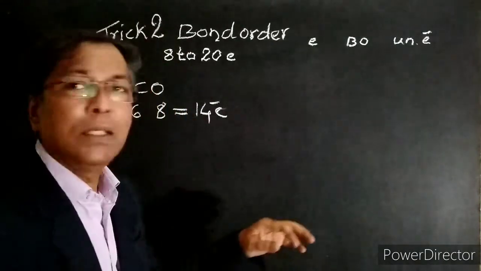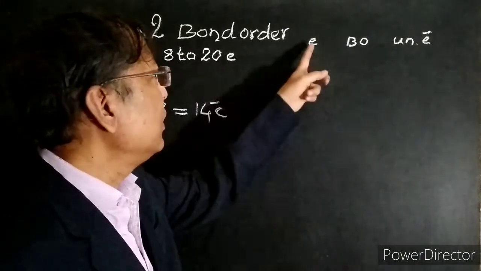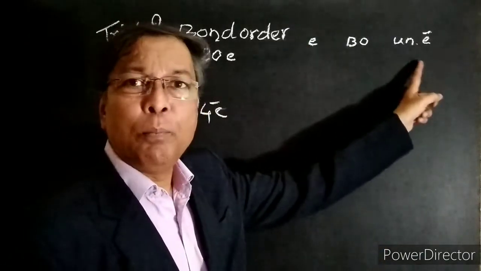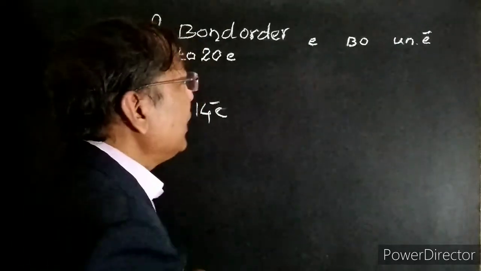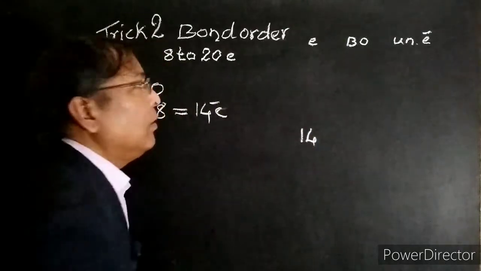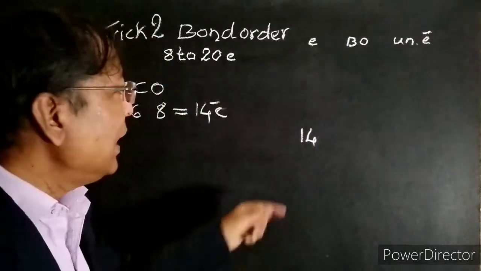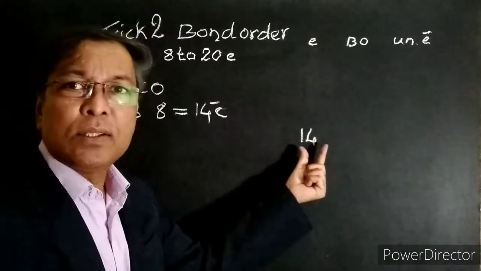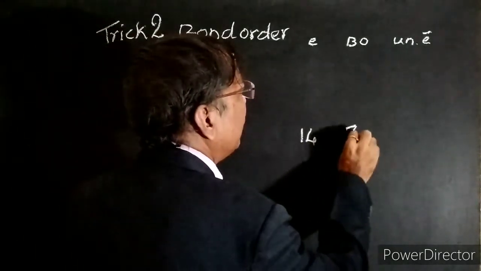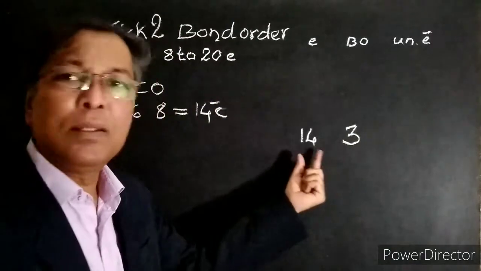What we have to do is make 3 columns: number of electrons, bond order and unpaired electrons. We have to write 14 first. If the molecule contains 14 electrons, its bond order will be 3. We have to remember this one.